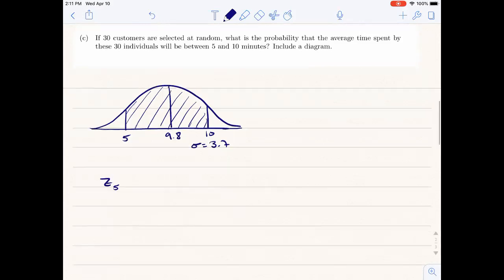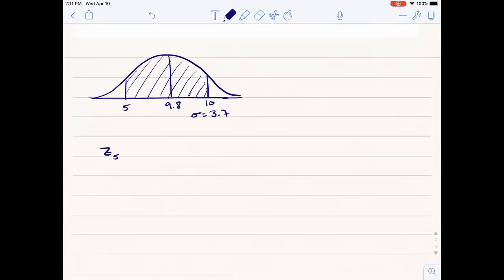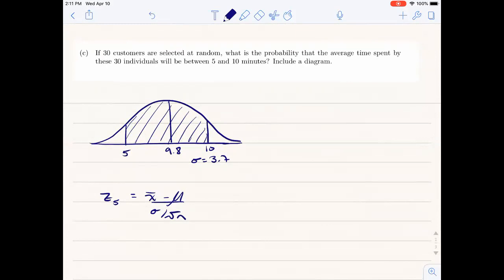So we have to calculate a z-score for 5 and 10, right? So just to indicate which one's which, I'm gonna just do a little subscript 5. It's x bar minus mu over sigma over root n, right? Because we're talking about the average time spent. So we're talking about the mean.